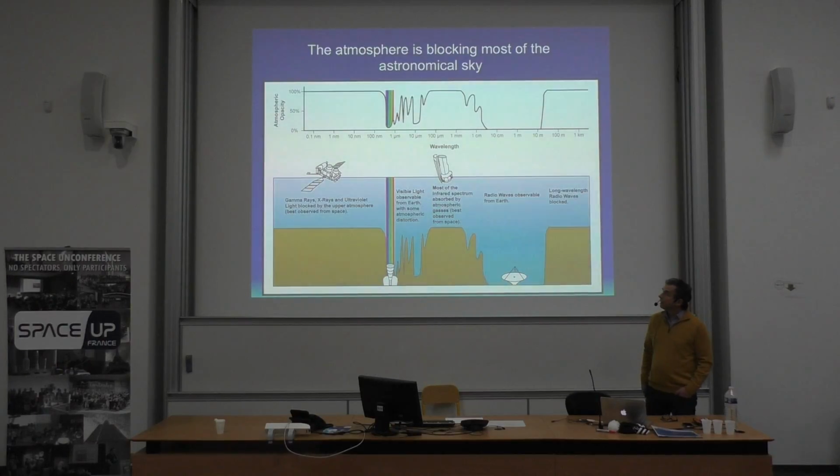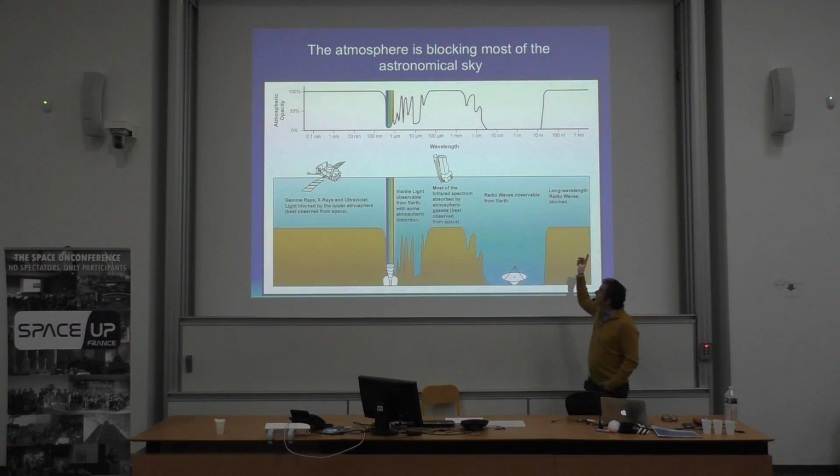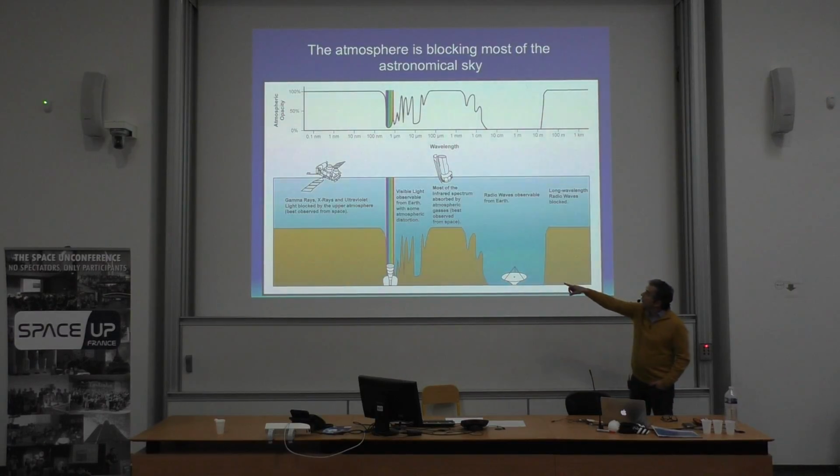When it's 1, it's bad, and when it's 0, it's good. The horizontal scale is the wavelength in fractions of a meter. So 1 meter is here, and you go to micrometer, nanometer on the left side, and on the right side you go to 100 meters, kilometers.